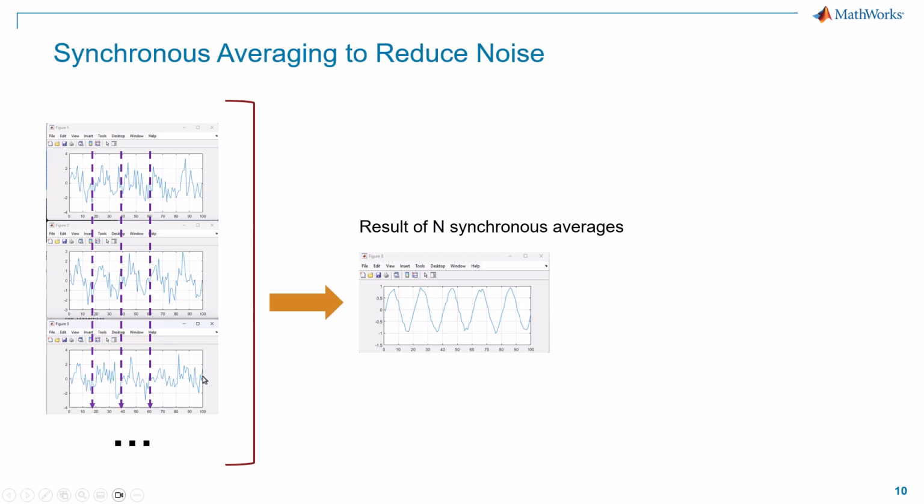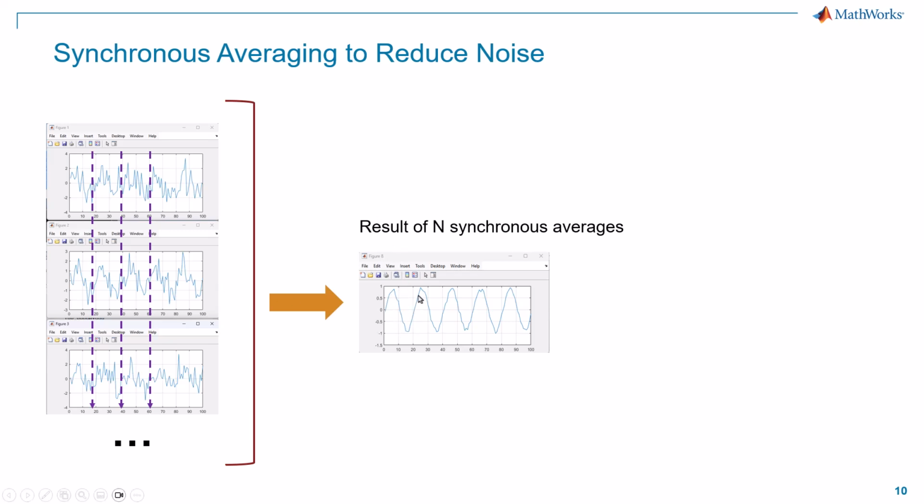And we're assuming the signal is synchronous with respect to our analysis window, our display window. If it is, we can average across samples from one frame to the next. And if there's noise, that noise should average out, and you should be left with the periodic signal of interest. And that's what we're showing here.